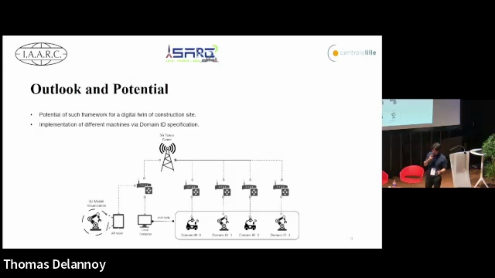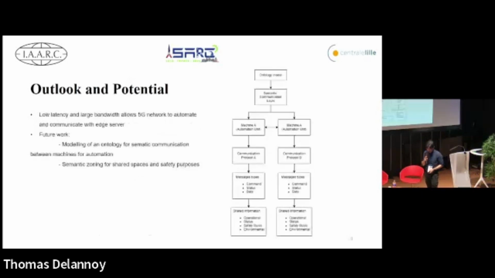For ROS2 specifically, we have this domain ID specification, which means that we can apply more than one robot. We can have 1, 2, 3, and the network is able to support that. We can visualize each of the robots using our AR application for controlling, visualization, and to know the real-time updates of what's happening on the robot itself.